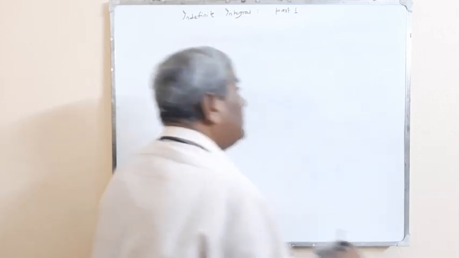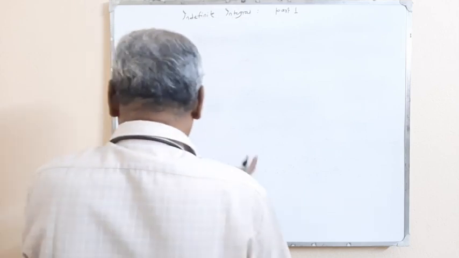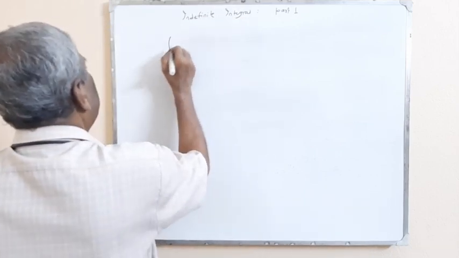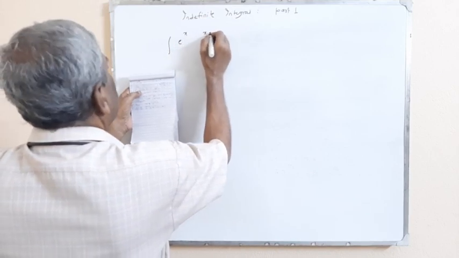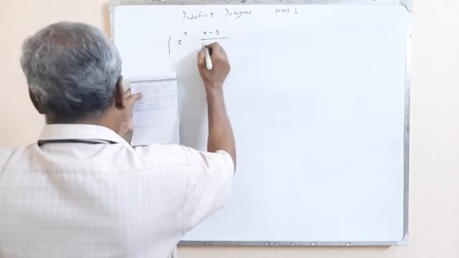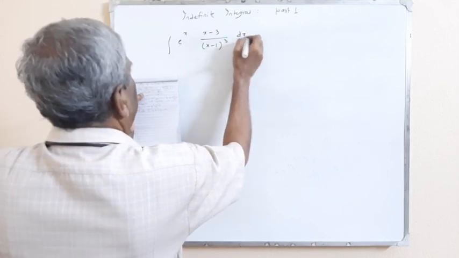The next problem is integration of e to the power x into (x minus 3) by (x minus 1) whole cube dx.